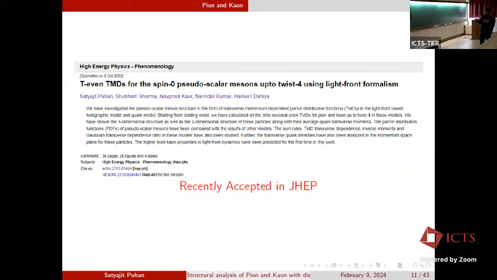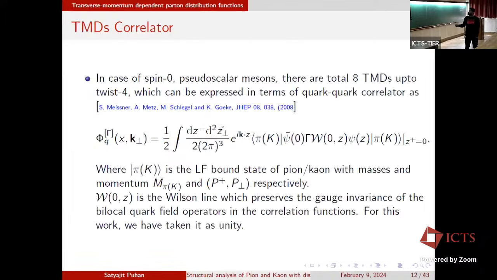In this talk, I am going to talk about our paper which has recently been accepted in JHEP. In the case of spin-zero particles, there are a total of 8 TMDs up to twist 4, which can be expressed in the quark-quark correlator as this correlator.